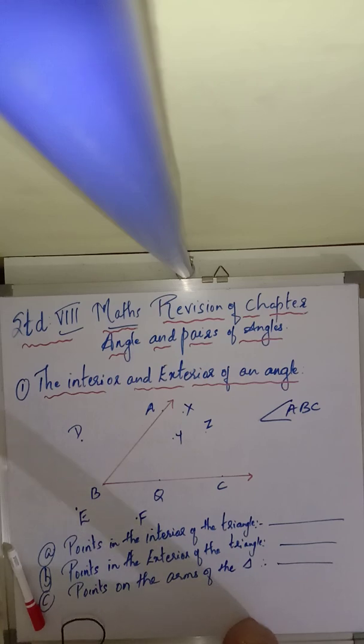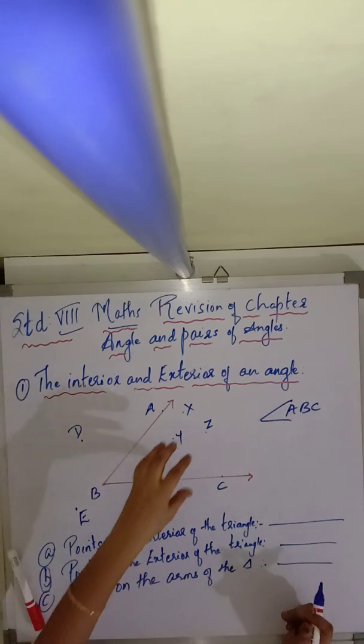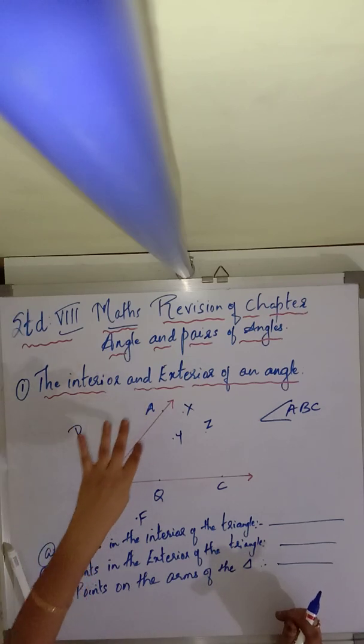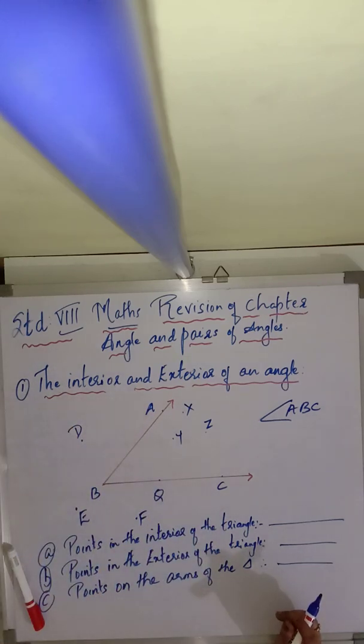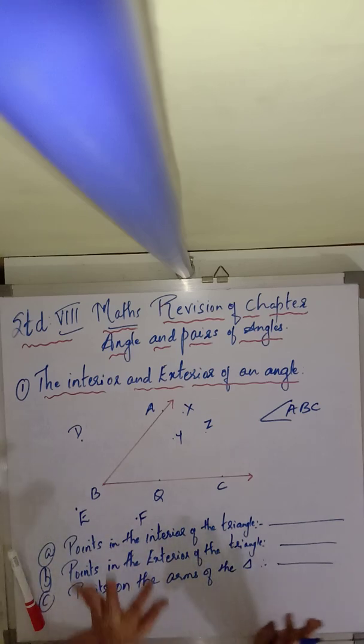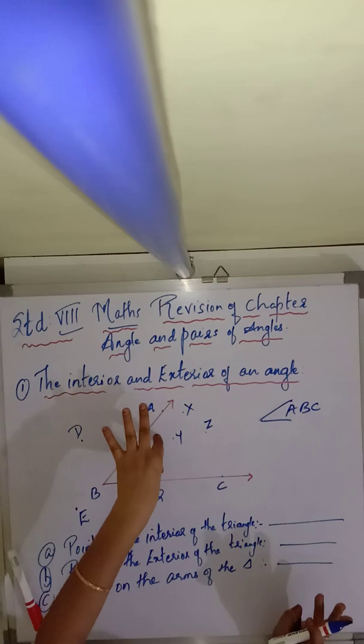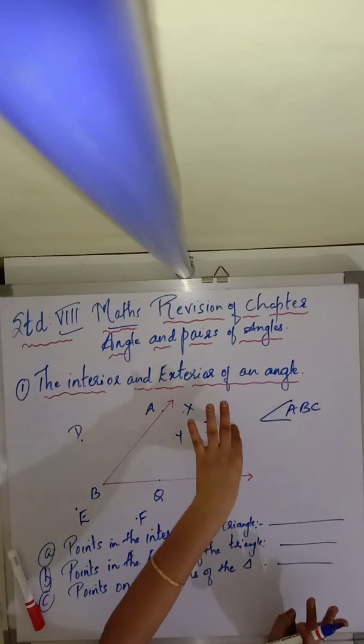Now you can see, children, some points are inside the angle, some are outside the angle and some points are on the angle. All those points which are inside the angle are called points in the interior of an angle.